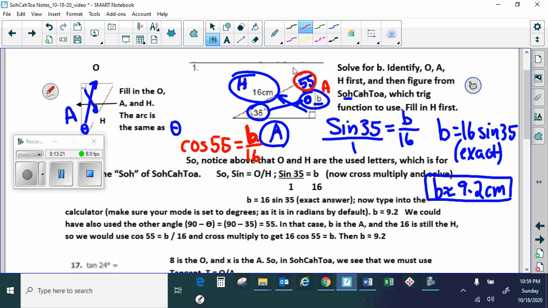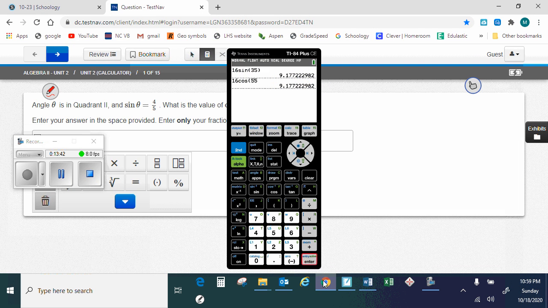So what this is also showing is that the sine of 35 degrees equals the cosine of 55 degrees. We just saw that. First one we typed in sine 35. Next we typed in cosine 55 and we got the same answer. If you want to even see that, cosine 55, sine 35, notice they're the exact same answer.